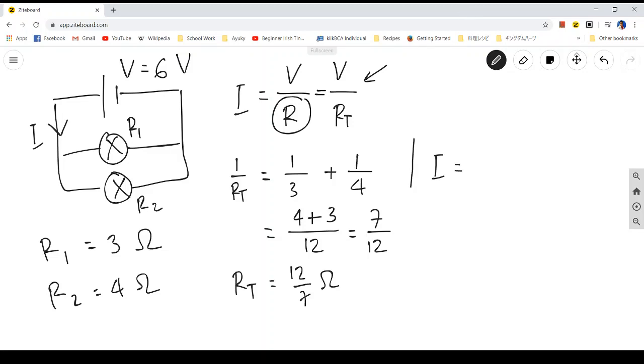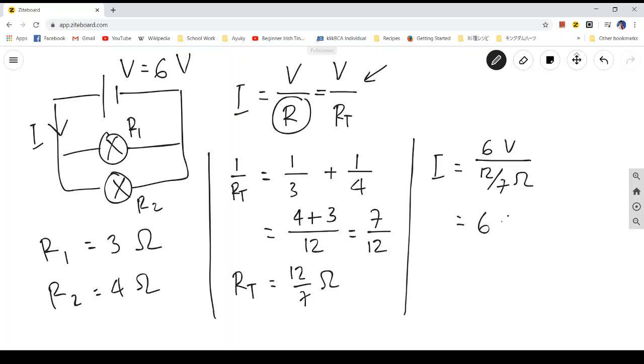Okay, so let's just make a boundary right here so that we don't get confused. Right, so the voltage is 6 volts and the total resistance is 12 over 7 ohms. Now this can get a bit confusing, so let's just do this way. 6 divided by 12 over 7.